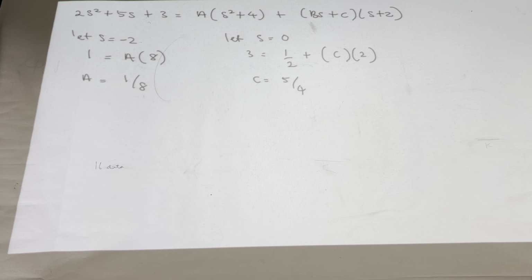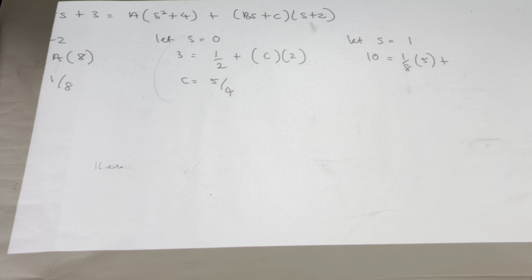Okay, now let s equal to 1. So we have 2 plus 5 plus 3. 7 plus 3 is 10. 1/8, 1 plus 4 is 5, plus B, C is 5/4. 1 plus 2 is 3.